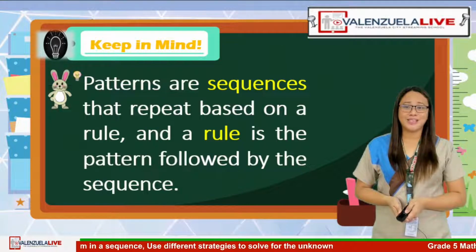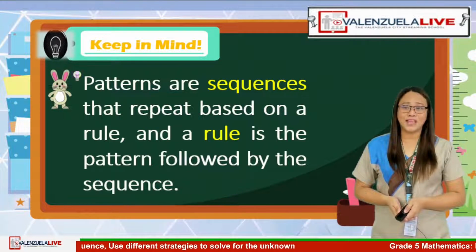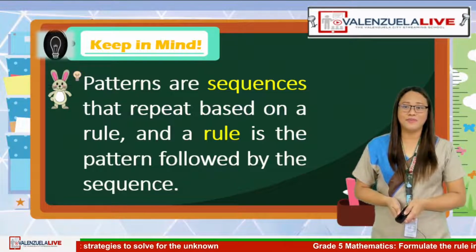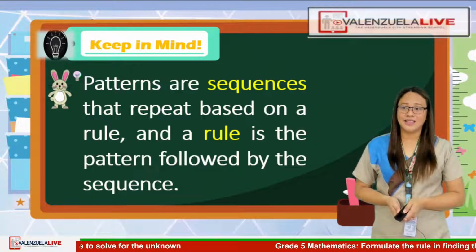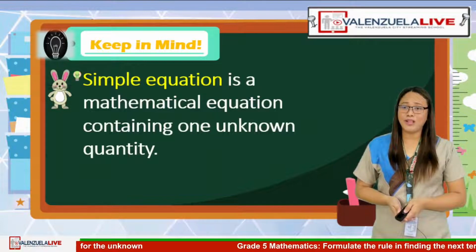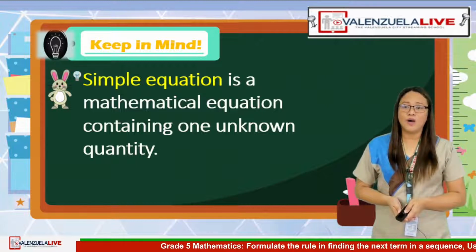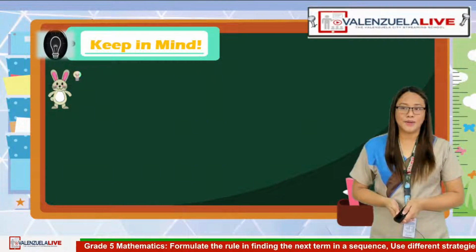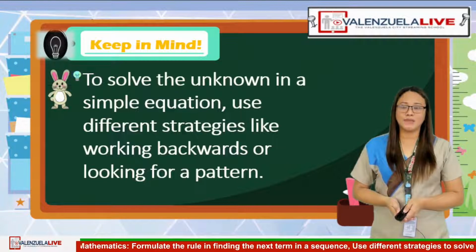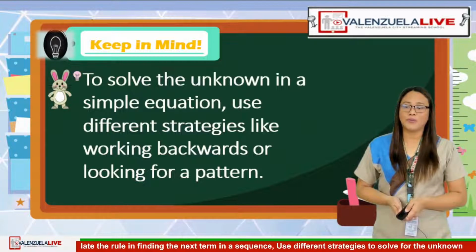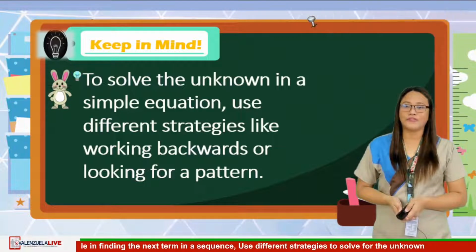Patterns are sequences that repeat based on a rule, and a rule is the pattern followed by the sequence. And then, a simple equation is a mathematical equation containing one unknown quantity. To solve the unknown in a simple equation, use different strategies like working backwards or looking for a pattern.